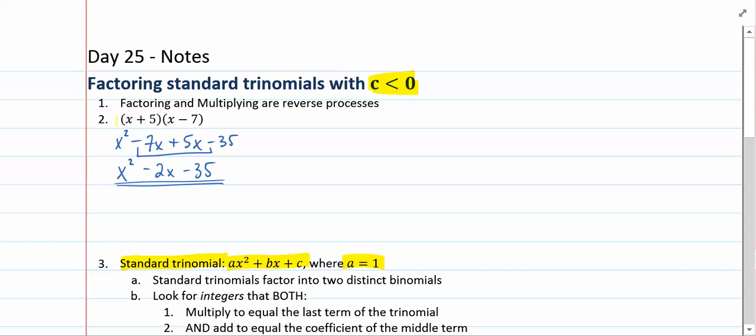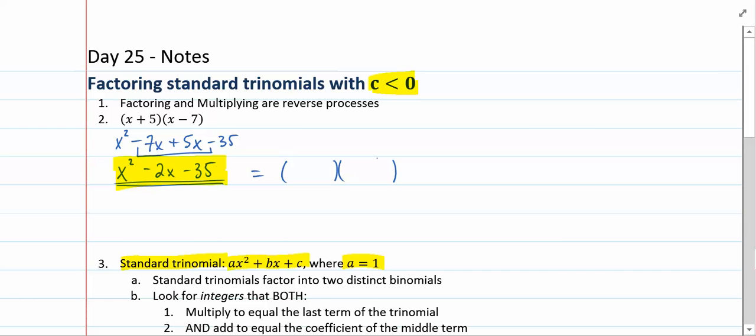Since we just multiplied these two binomials together to get this result of x squared minus 2x minus 35, the opposite or reverse of that would be to start with this trinomial and try to identify the two binomials that make up its factor pair.